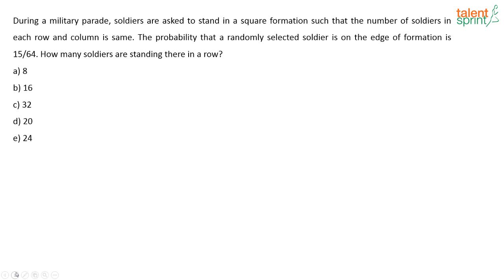During a military parade, soldiers are asked to stand in a square formation such that the number of soldiers in each row and column is the same. The probability that a randomly selected soldier is on the edge of the formation is 15 by 64.